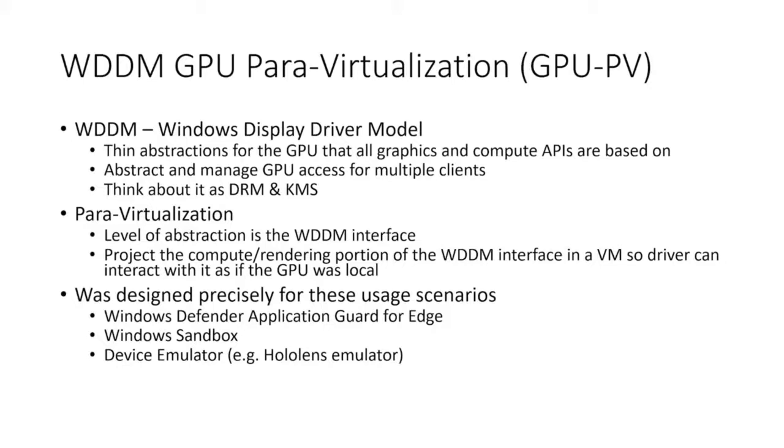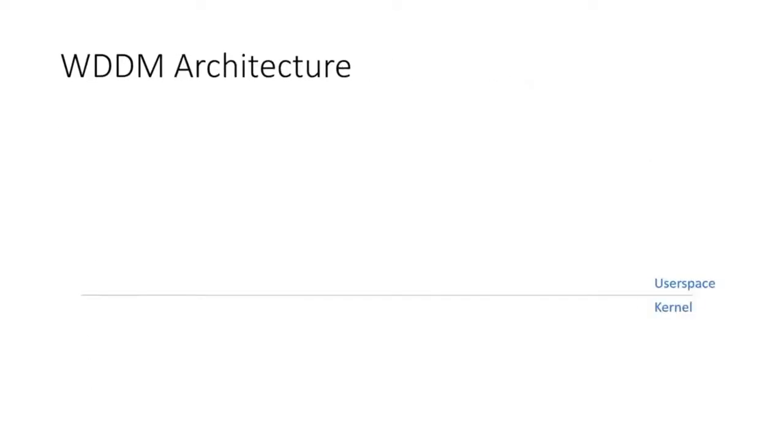If you're doing HoloLens development and you don't have a HoloLens, you can run our emulator, which provides GPU acceleration inside the virtual machine running the emulator. The idea here is to extend that support to Linux guests, so in addition to running Windows guests, we'll now be able to run Linux guests.